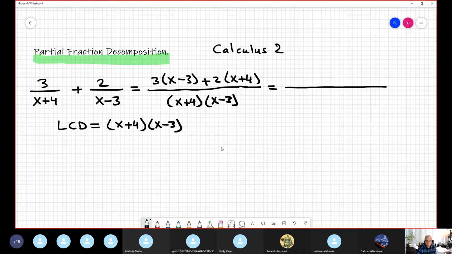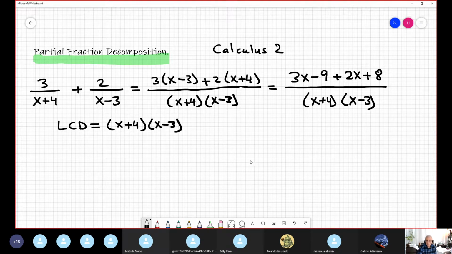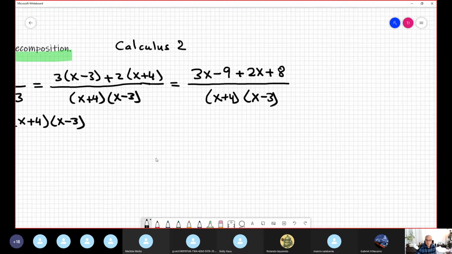Let's do it. 3x minus 9 plus 2x plus 8, over x plus 4, x minus 3. Okay, let's combine like terms: 5x minus 1 divided by x plus 4, x minus 3.